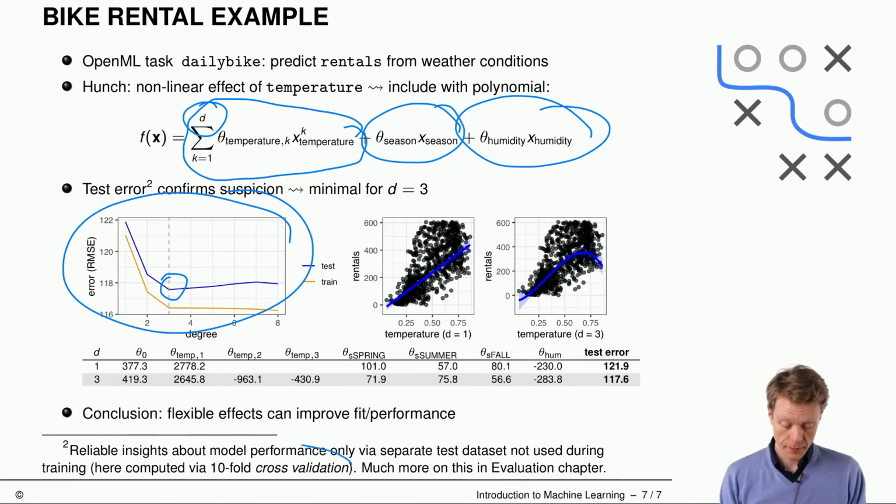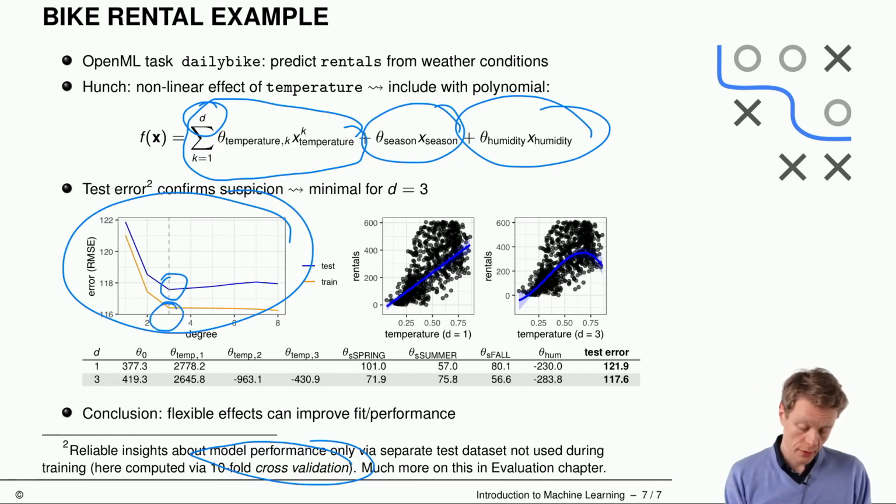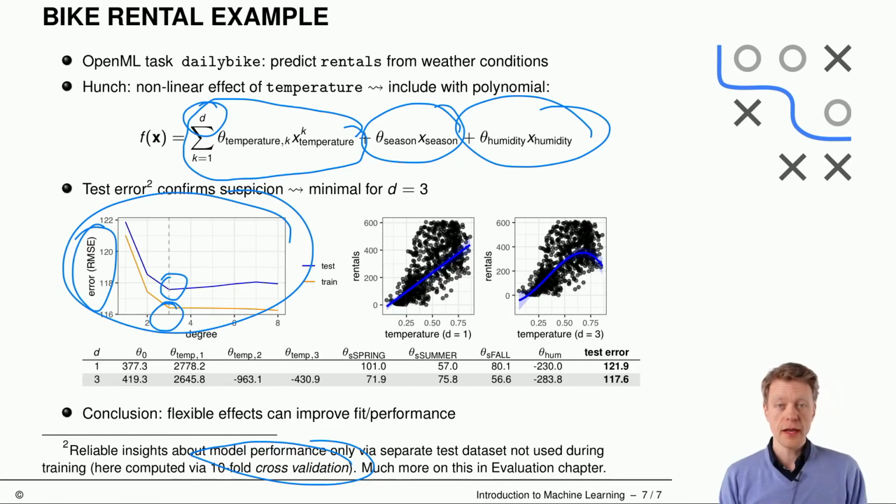Here we did some tenfold cross-validation, which you can just accept for now. And the point where the error, so in that case the root mean squared error, is minimal, is with degree D equals 3. So I would say that's the best value of D, which is then a hyperparameter of this polynomial regression.